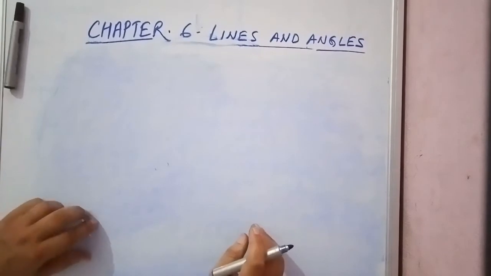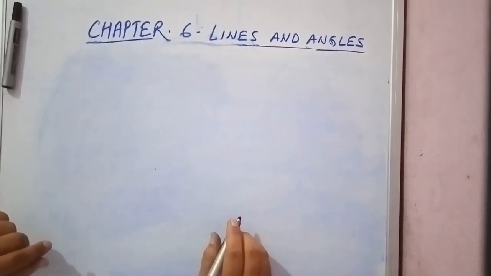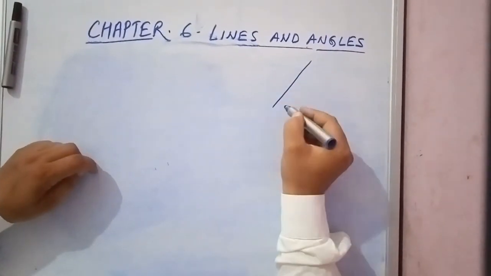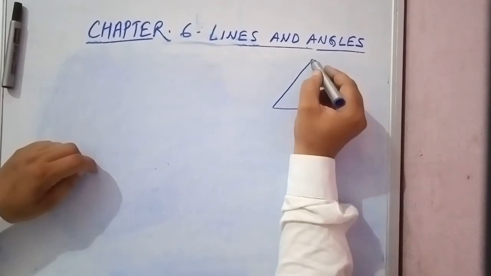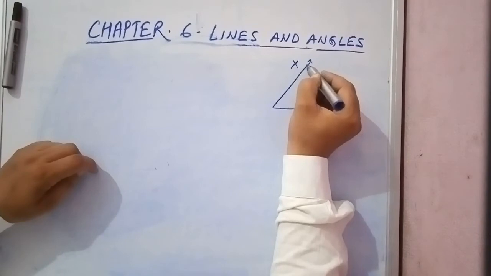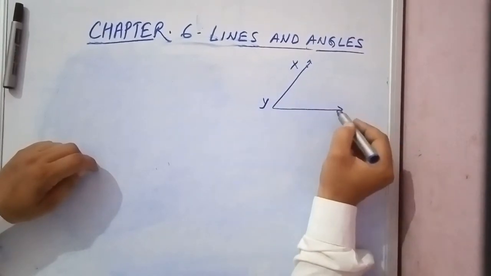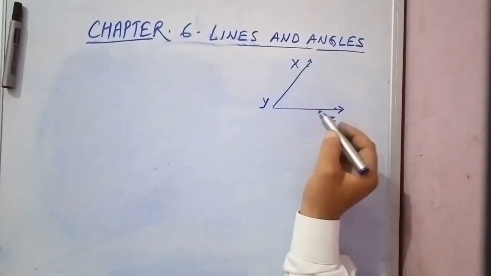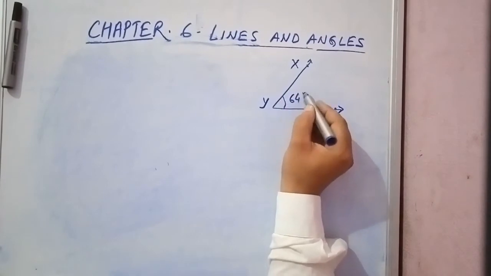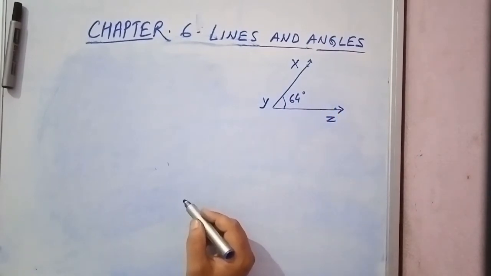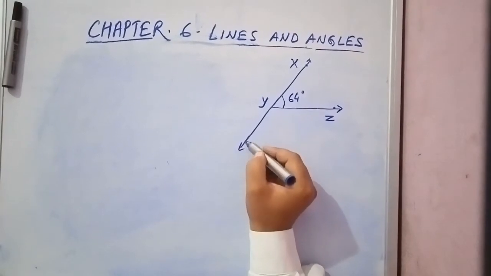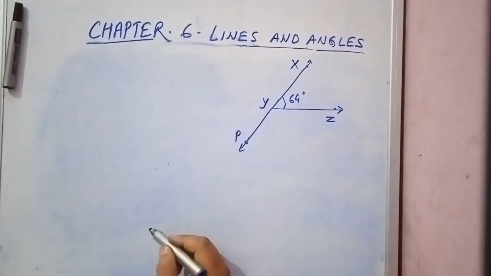Angle XYZ is 64 degrees, and XY is produced to point P. Draw a figure for this given information.